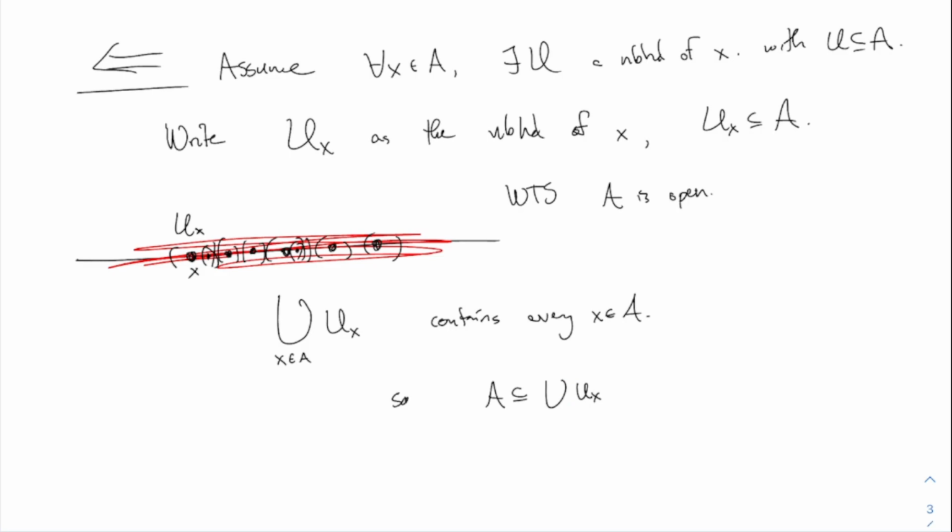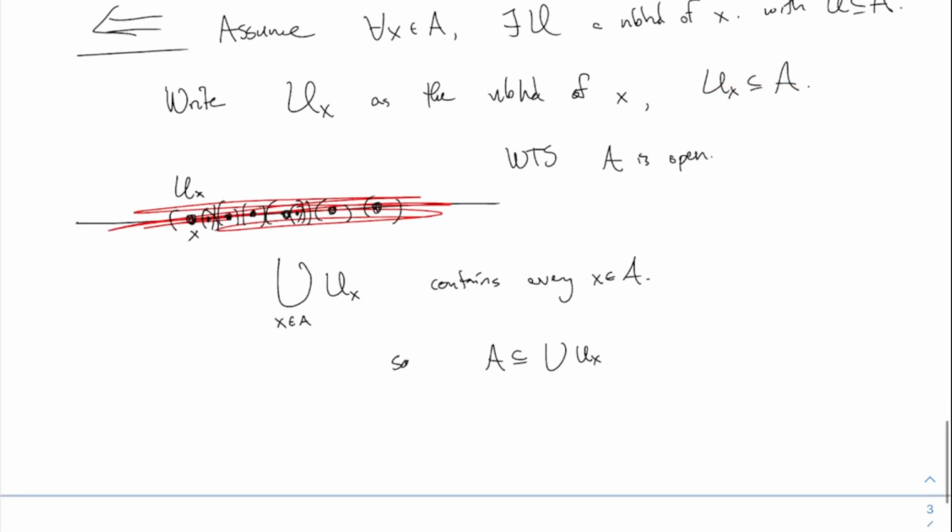I think A equals the union because each of the U_x's is a subset of A. That means when I take this union, I never get anything bigger than A, because it's a union of things, all of which are subsets of A. Since U_x is a subset of A, the big union of U_x is also a subset of A. Put these two things together: A equals the union of all of the neighborhoods.